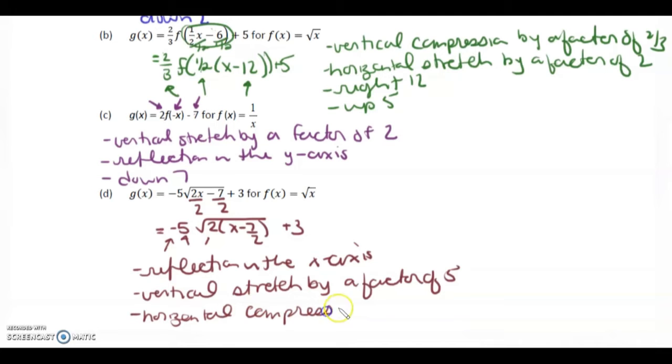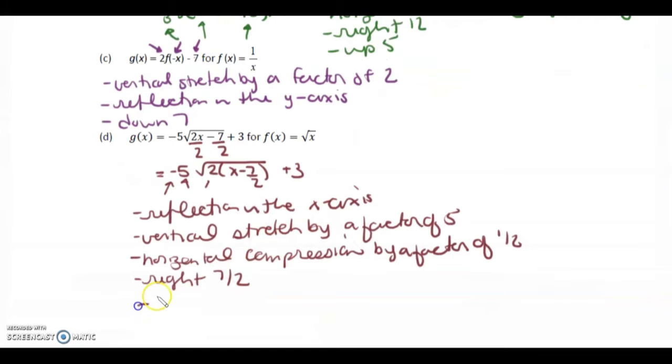Remember, that one is opposite to what it looks like. It looks like a 2, it's actually 1/2. So it's a reciprocal. Horizontal compression by a factor of 1/2. We're going right 7 over 2. And then we're going to go down 3.